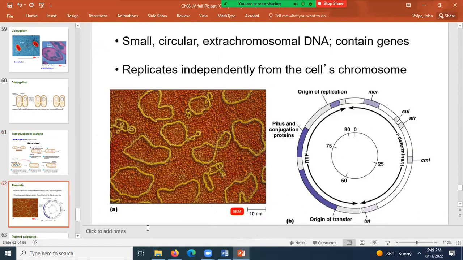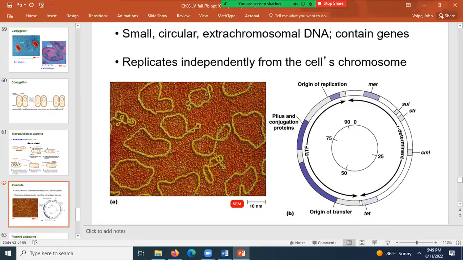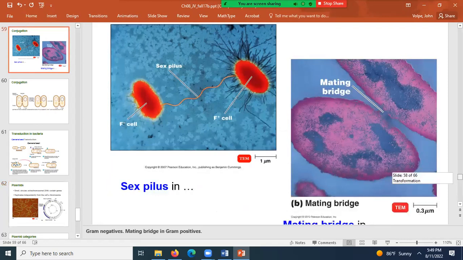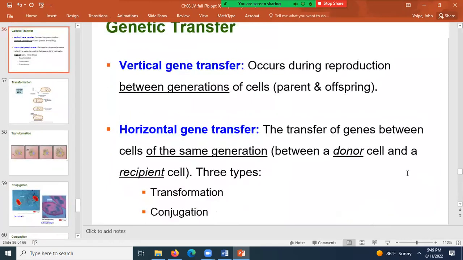All right, so let me remind you that DNA can move from cells of the same generation by 3 different means.